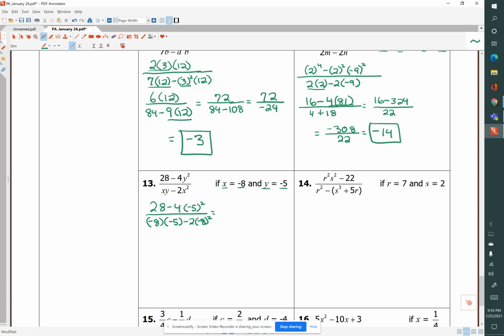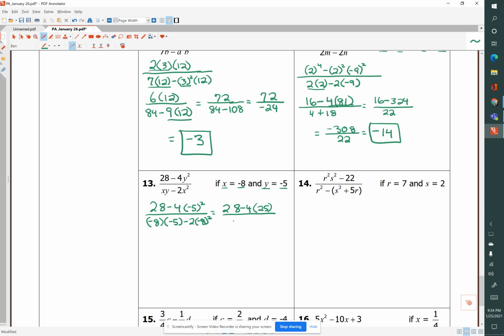So we'll start with our exponents. We'll have 28 minus 4 times -5 times -5, which is positive 25.